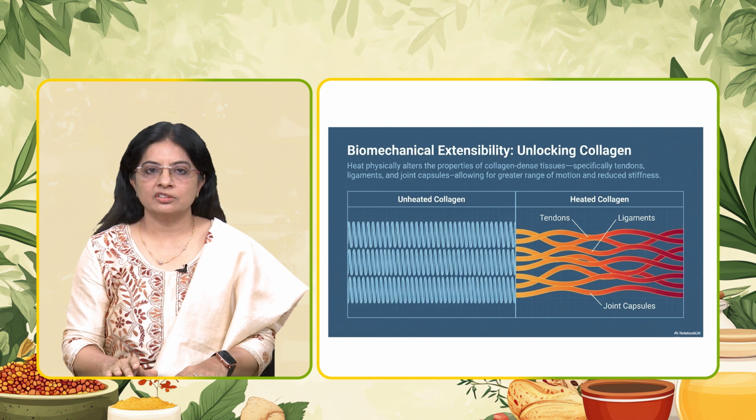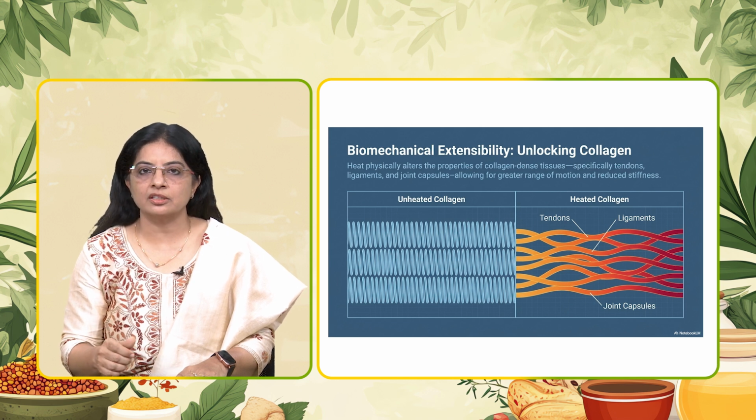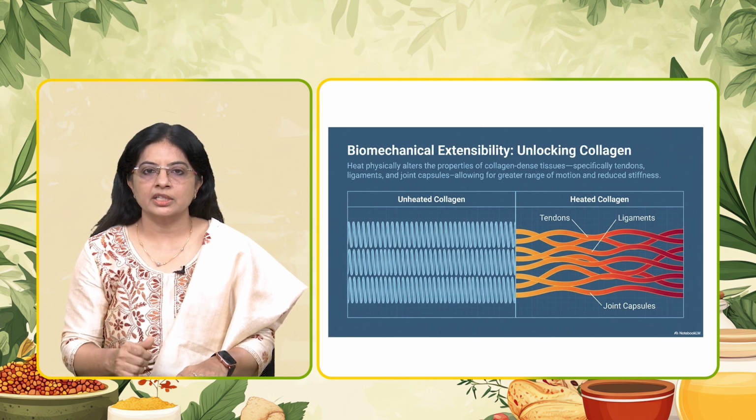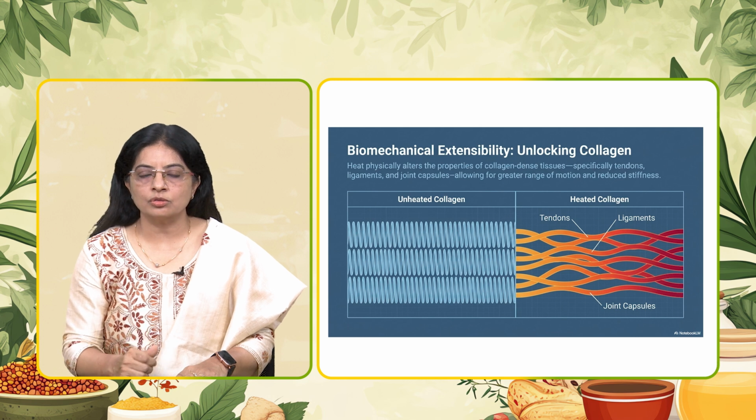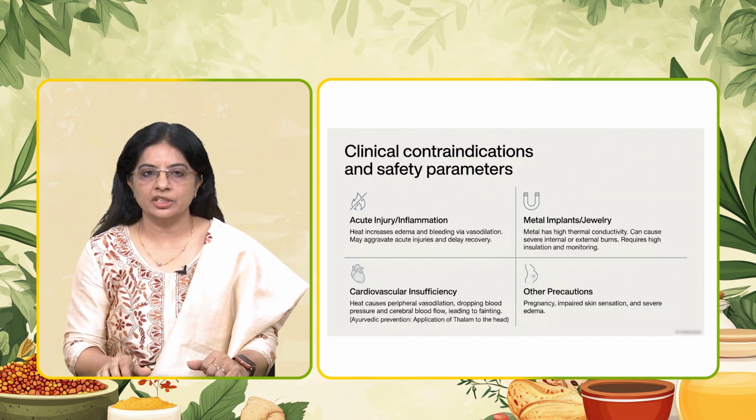Next function is increased tissue extensibility. Heat increases extensibility of collagen tissues such as tendons, ligaments and joint capsule. That is why heat is often applied prior to physiotherapy, before stretching, and it helps in improving the range of motion.